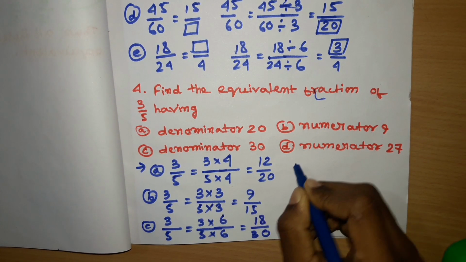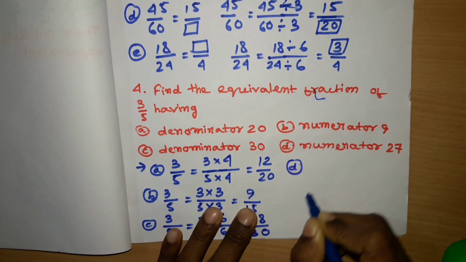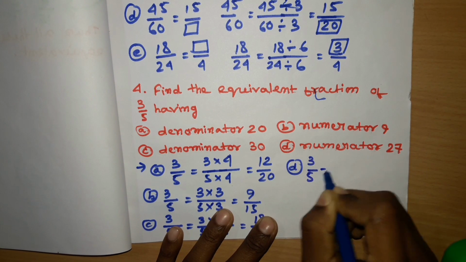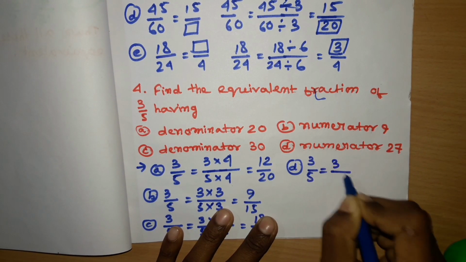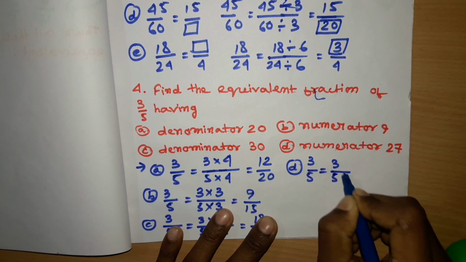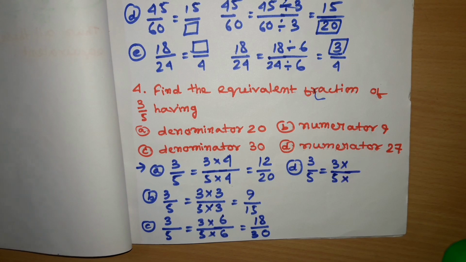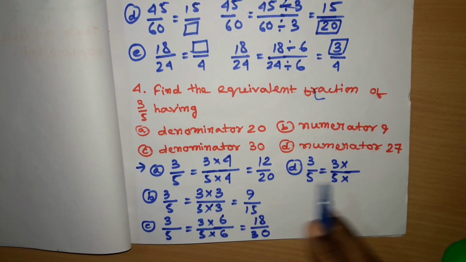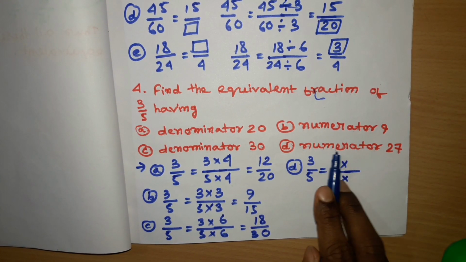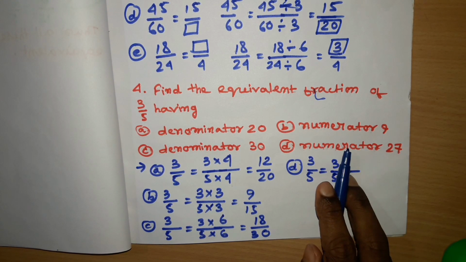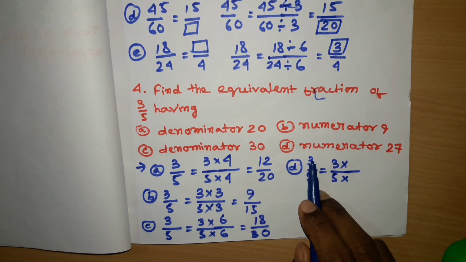Now coming to number D. So 3 by 5. What do we want? In the question, you have to solve this type of question like that. You have to think like that. What is in the question? We need 27 in the numerator. There is 3 given in the numerator.